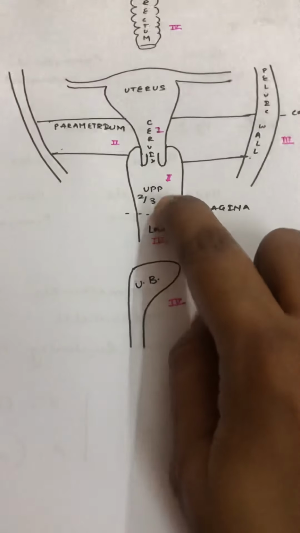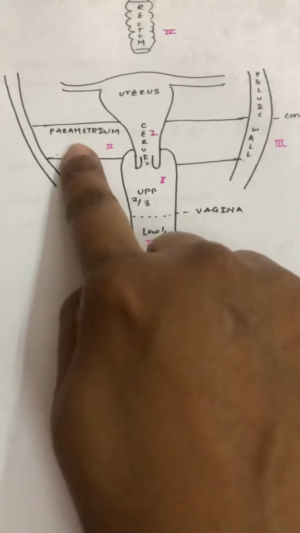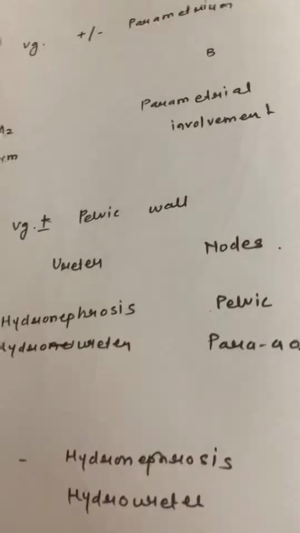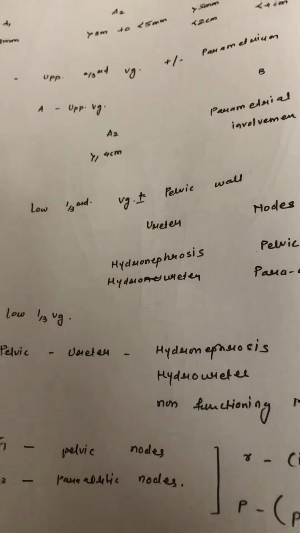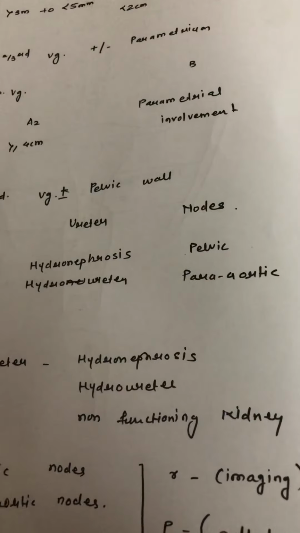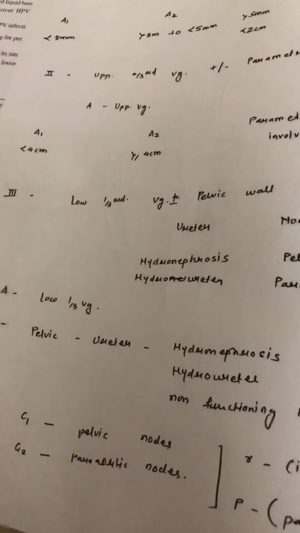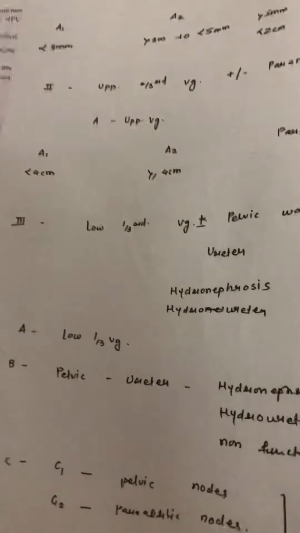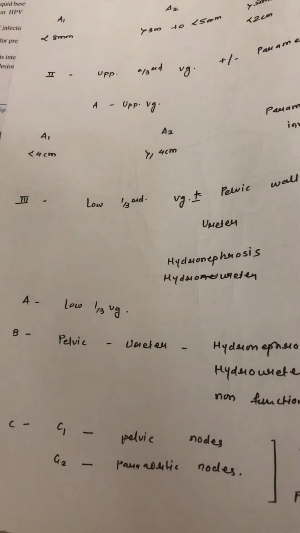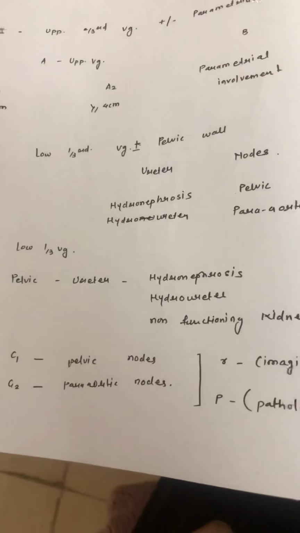Then stage 2 is upper 2/3 of vagina and the parametrial involvement. Here we again say that 2A is nothing but the upper vaginal involvement and B is parametrial. Again A1 and A2 are the dimensions of the lesions. Less than 4 centimeter is A1, more than 4 centimeters is A2. Third one is lower 1/3 of vagina, pelvic wall consisting of ureter and the nodes.